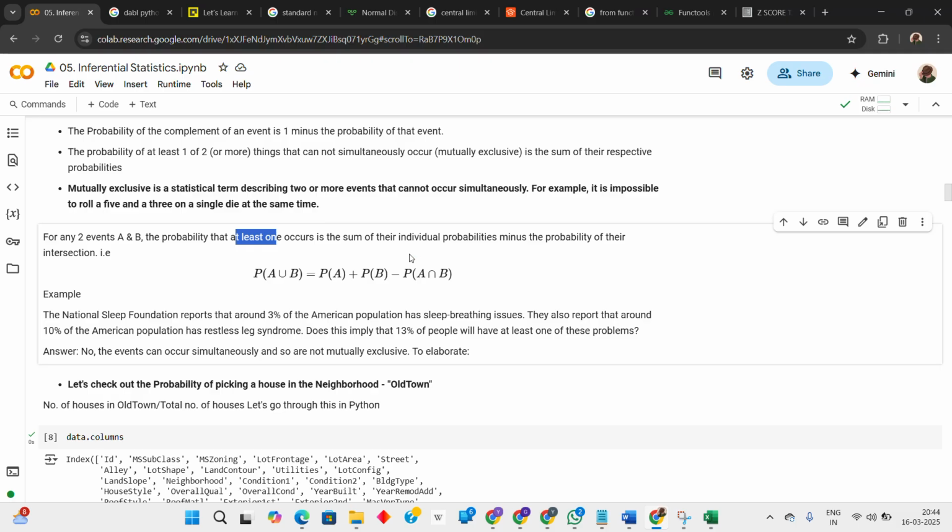Remember this concept. Mutual exclusive comes into the picture when two events, A and B, are going to happen and you want to know at least one occurrence. That is what you should remember, and your mind has to recall it at the right time.